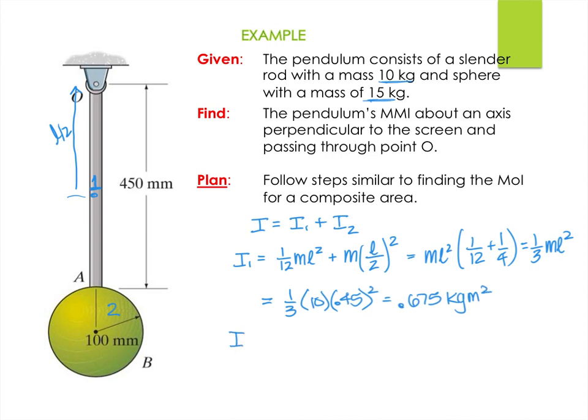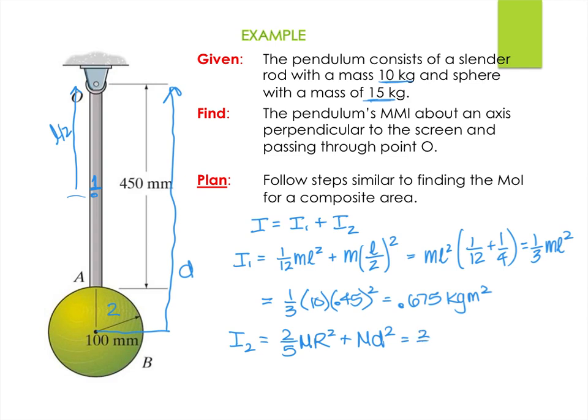Now we do the sphere, I2. The moment of inertia of a sphere with an axis through its center is 2/5 mr squared. Then we add the distance that the axis has been moved, from here to here.